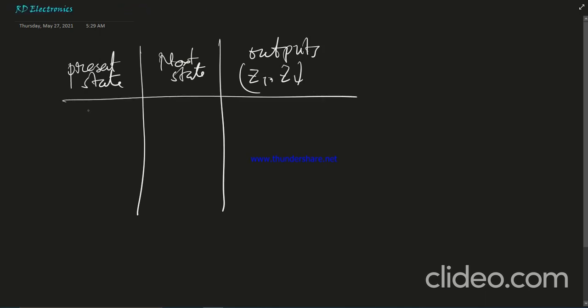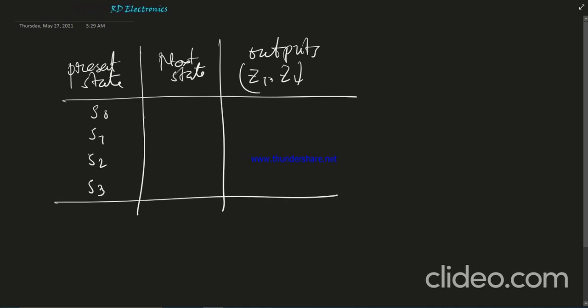The states are S0, S1, S2 and S3. There are four states, and for input x equal to 0 and x equal to 1, these x are external inputs. Consider the transition for x equal to 0 from S0 to S0. So there is no change. I'll discuss this in a graphical model also.